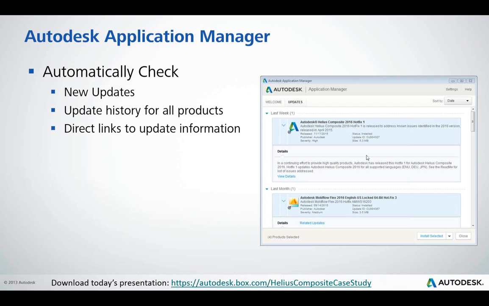Here you can see demonstrating the Helius Composite 2016 Hotfix 1. I have installed that, and it gives me some indication of that. It also gives some severity, so we included a lot of fixes, especially for the new bolted composite tool that we have.